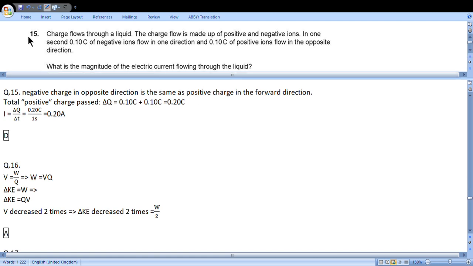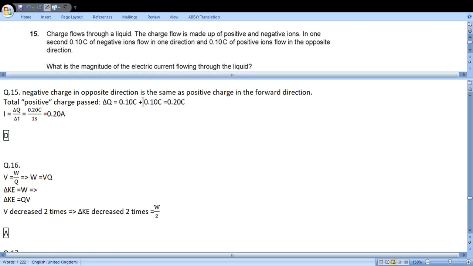Charge flows through a liquid. The charge flow is made up of positive and negative ions. In 1 second, 0.10 coulomb of negative charge flows in one direction and 0.10 coulomb of positive charge flows in the opposite direction. What is the magnitude of electric current flowing through the liquid?